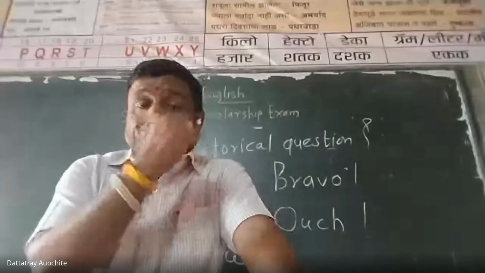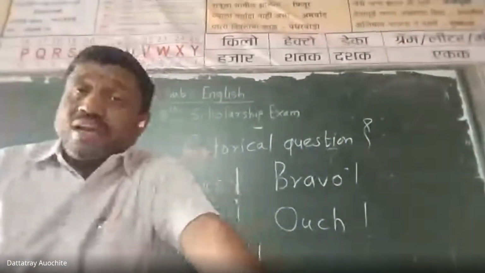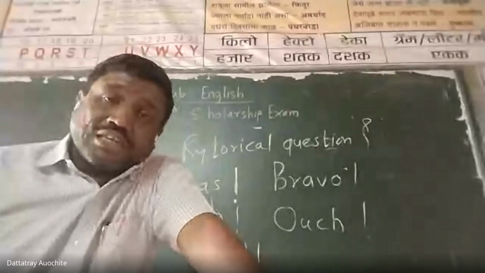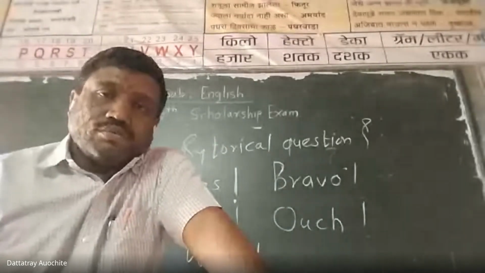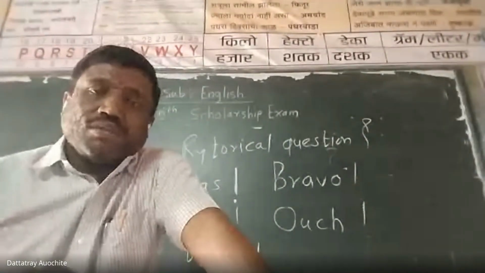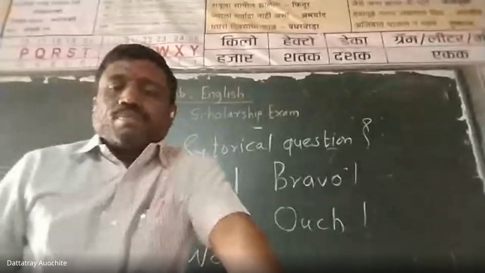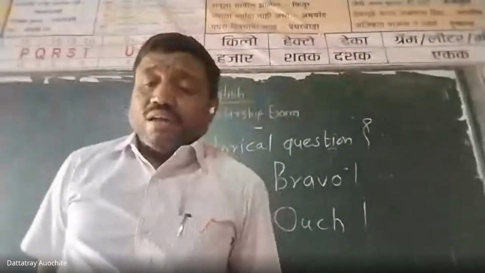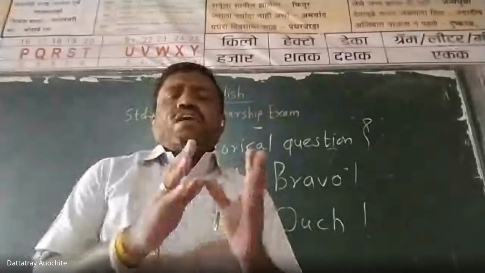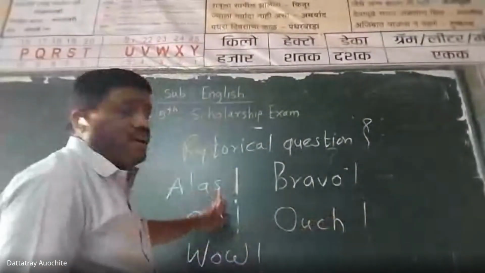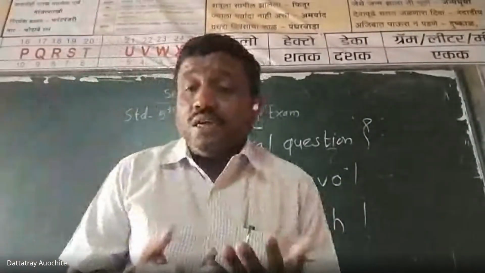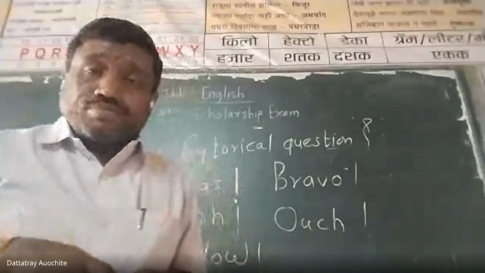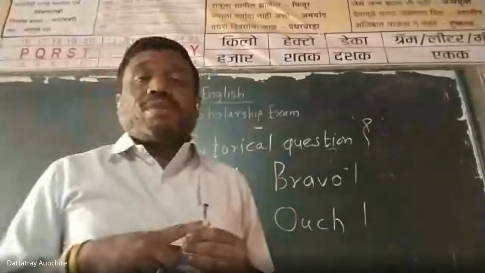There is a sentence without punctuation marks, and you have to use the necessary punctuation mark from the options given there. So practice that exclamation mark, and not only after exclamatory words, but for any kind of exclamation we should use the exclamation mark.